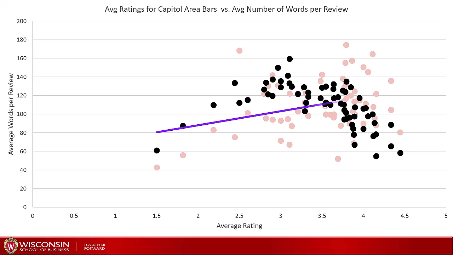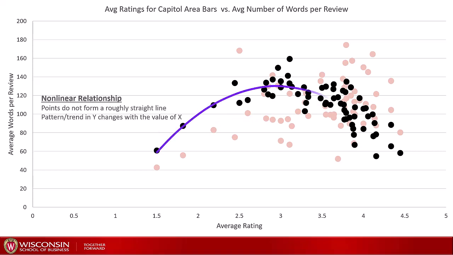Instead, what we could do is put a nonlinear relationship on the points. In that case, the points don't form a roughly straight line, they form a curvilinear line. I will show you later in the semester how to do that with regression, and it turns out that it's actually quite simple.